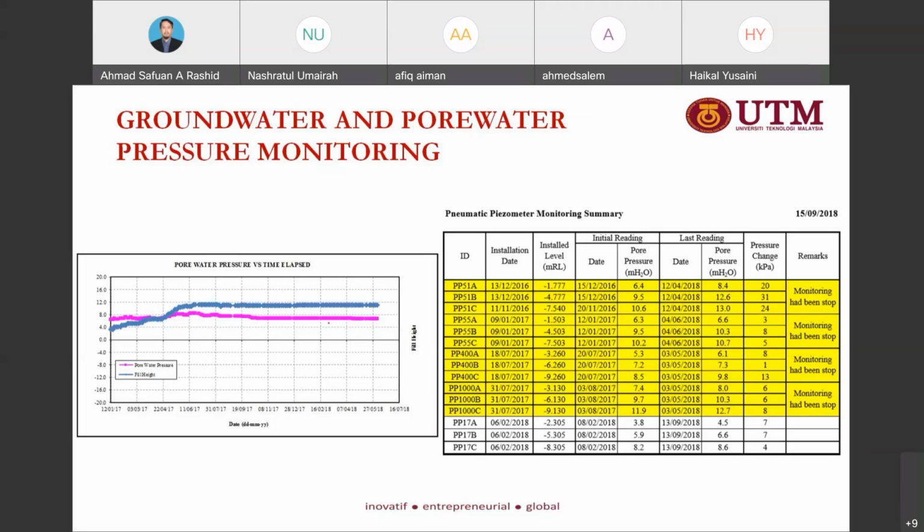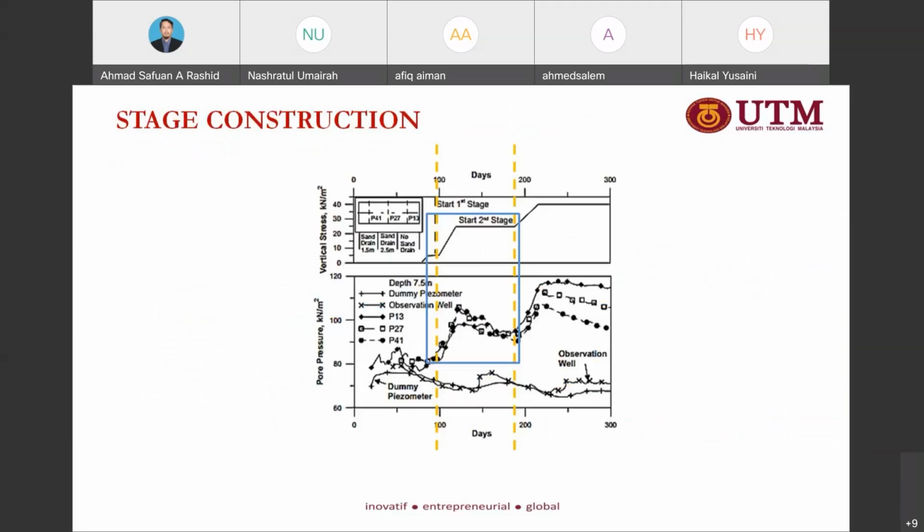If I'm not mistaken, the process should be gradually increased by less than 1 meter for every filling process. So this is an example of monitoring the pore water pressure for stage 1, and then it continues with stage 2.